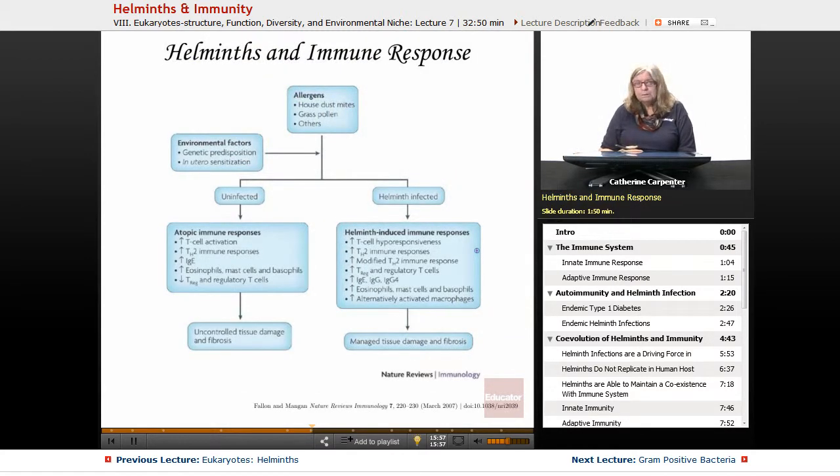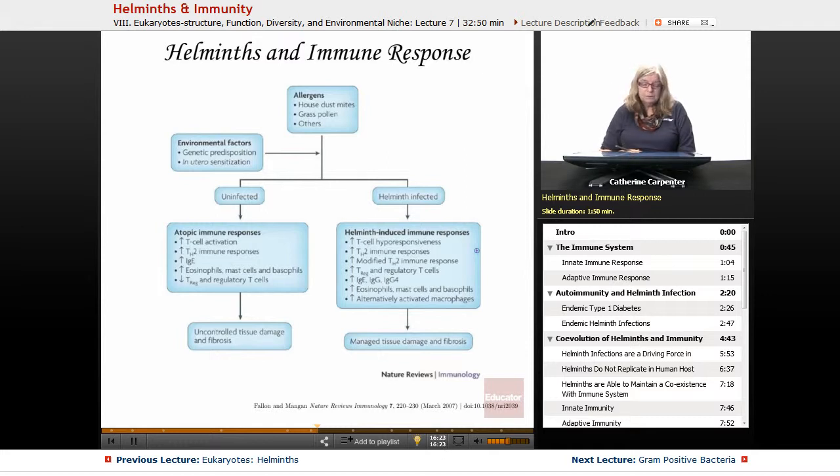So other places where the helminths can facilitate these protective immune responses has to do with allergic reaction. So we know, for instance, that some people have allergies to dust mites, to pollen, to cat dander, all kinds of things, and other sorts of environmental factors.